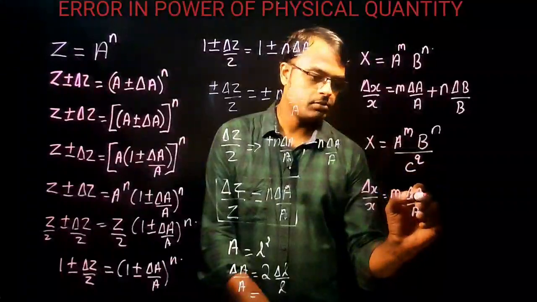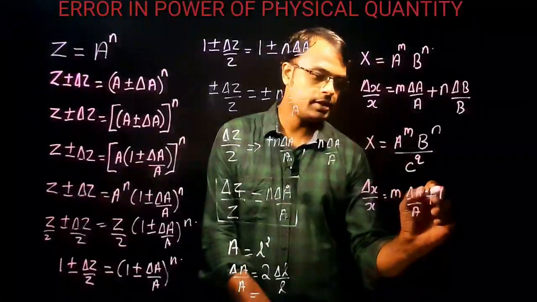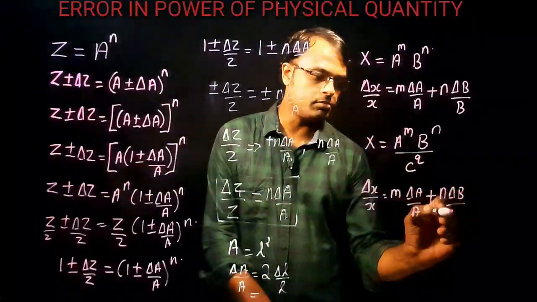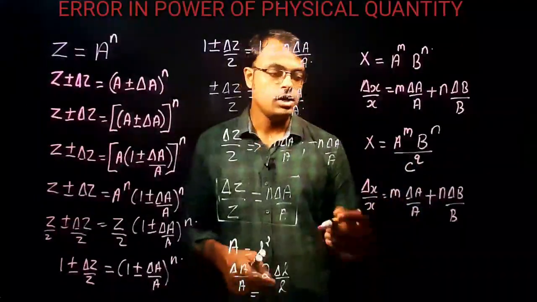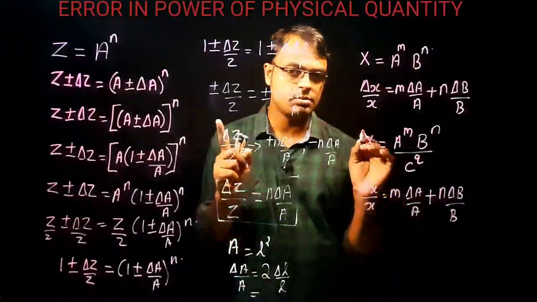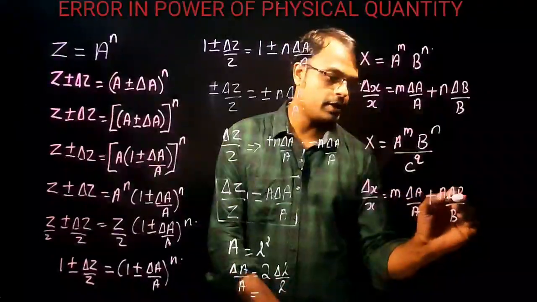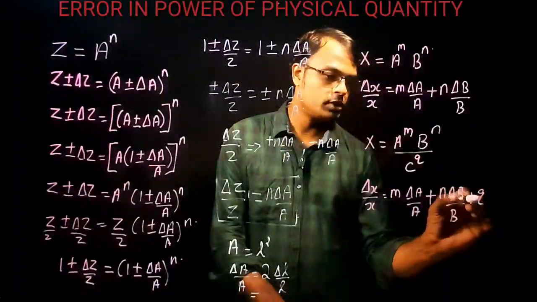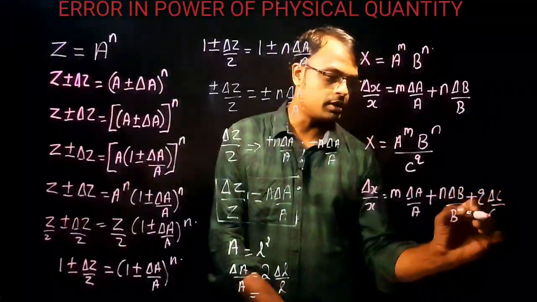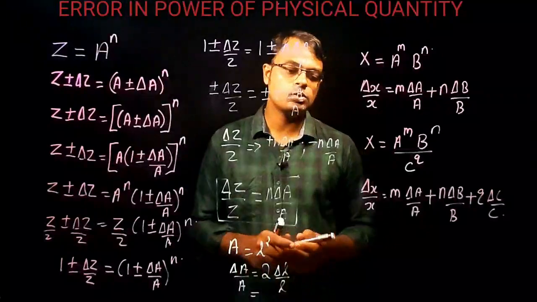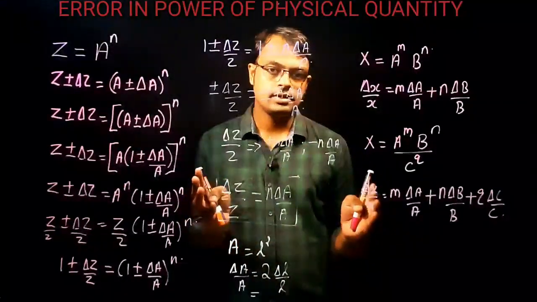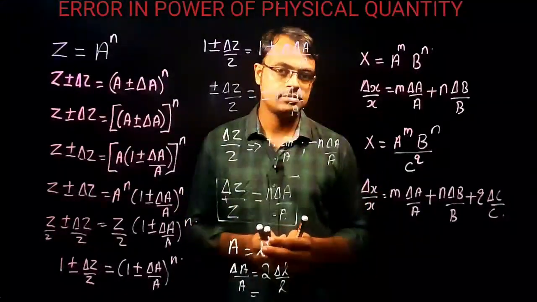Now multiplication, but error must be what? Added. n times delta b by b. Next one, division is coming there. In this example, division is coming there. Whether it is multiplication or division, error must be what? Added. So the relative error must be added. So I can write here q times delta c by c. So this is a way to write what? The error in the final result. I hope it is clear.